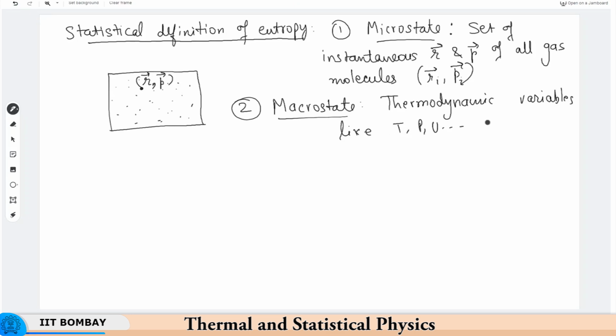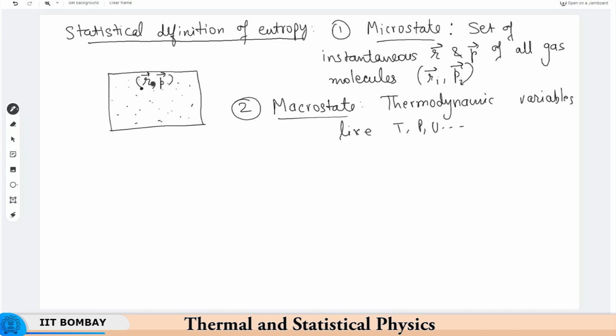So macrostate is the consequence of what all the individual molecules are giving rise to at any particular time. For example, at any particular time all the molecules have positions R_i and momenta P_i, and it is giving rise to a certain pressure and a certain temperature at that particular moment.